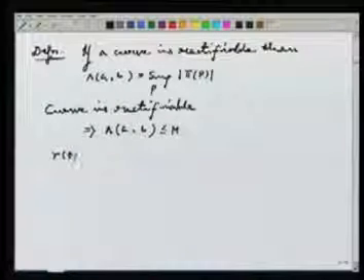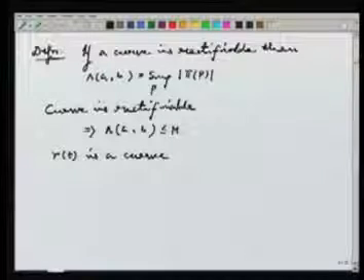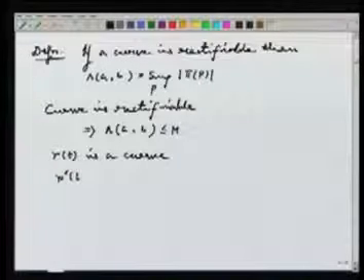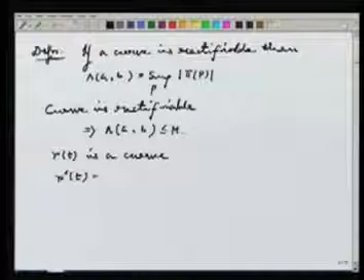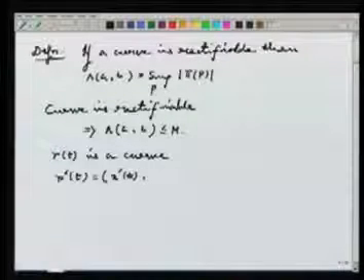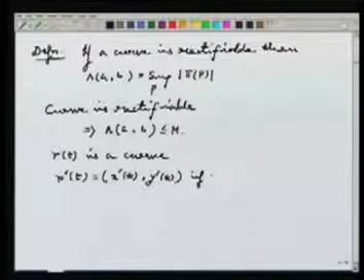But the first thing is, under what conditions can we say a curve is rectifiable? Okay. So given a curve r(t), so x and y both are continuous functions, I define something called r prime t, which is given by (x prime t, y prime t), if it exists.